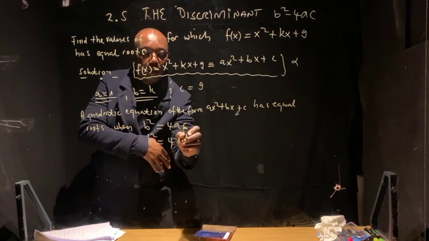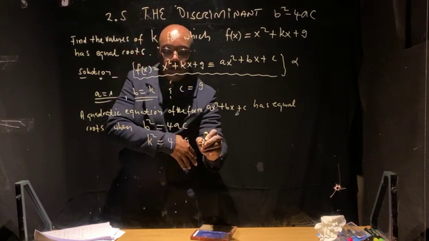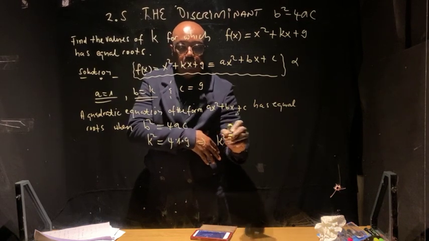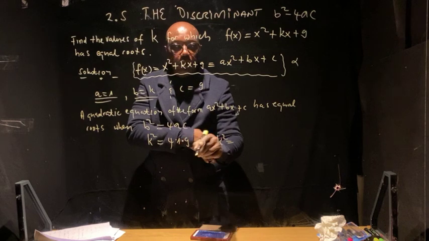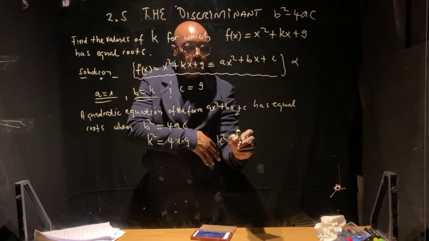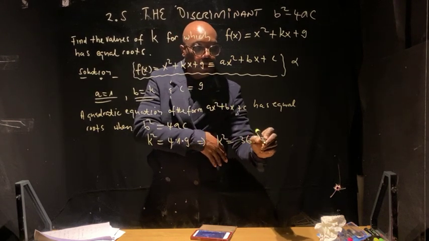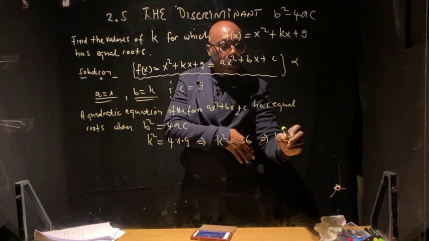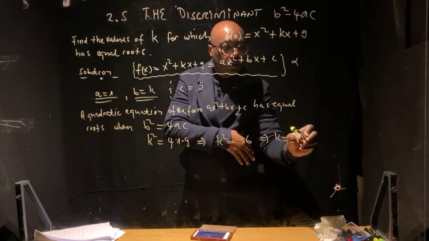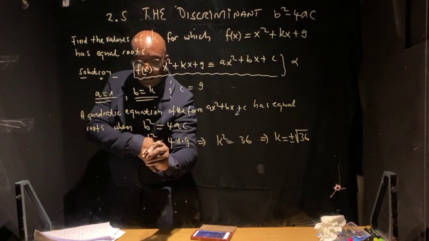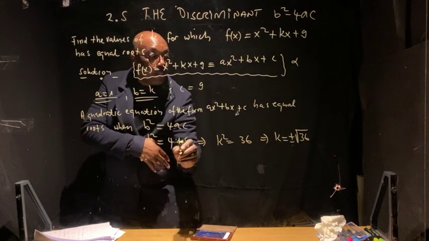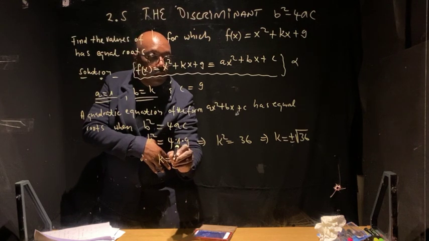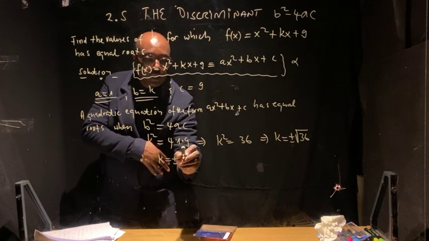What is c? 9, which indicates that k squared equals 4 times 1 times 9 is 36, which implies k equal plus or minus root 36. Therefore, k equal plus or minus 6.